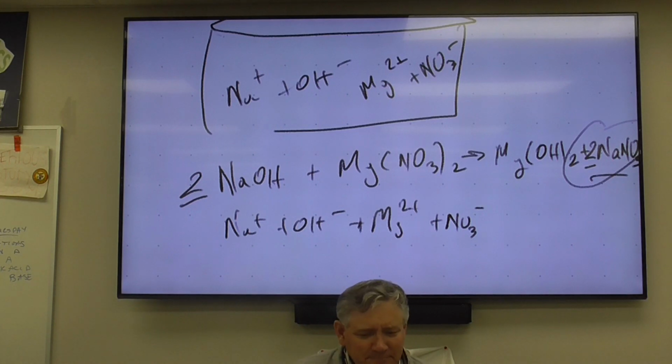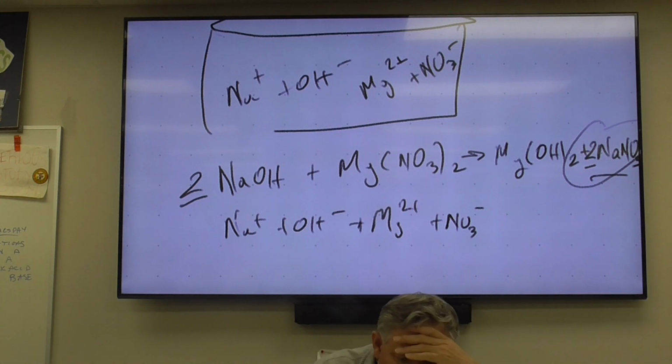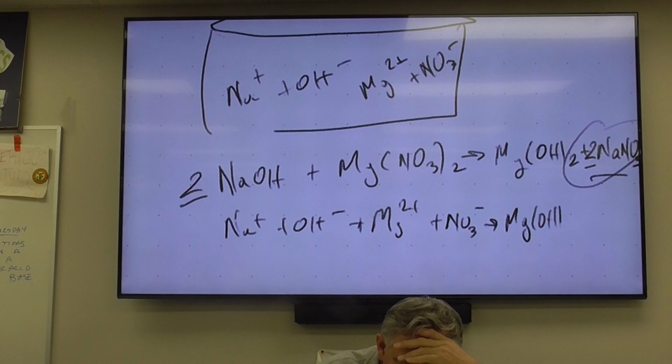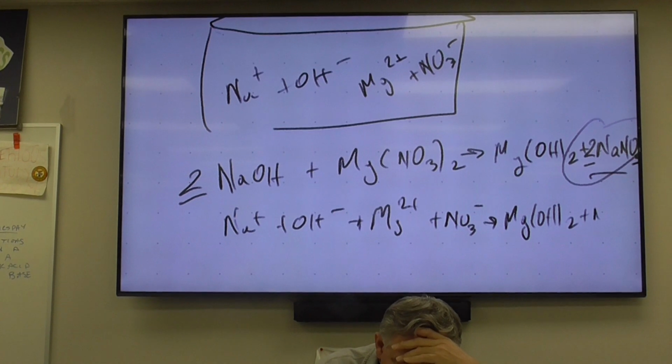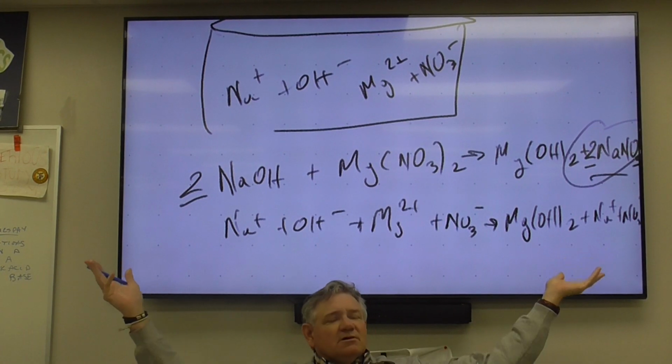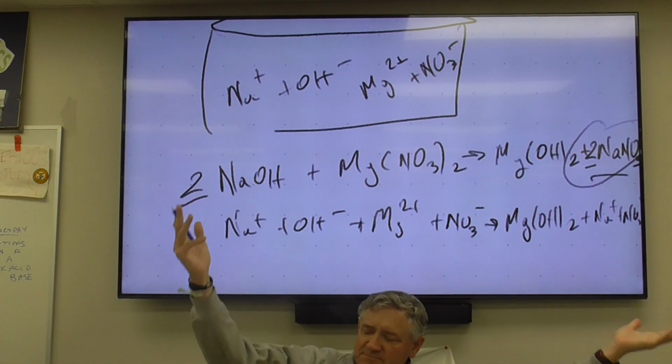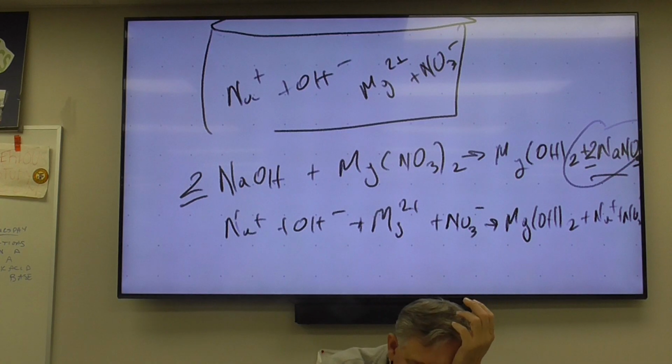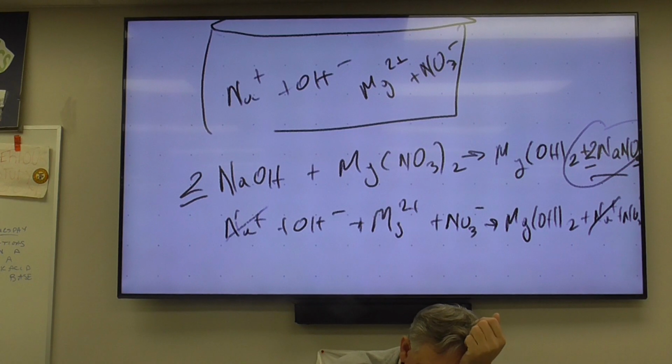So what this means is that one of these forms the precipitate, and the sodium ions and the nitrate ions are just floating around. These are your spectator ions. The sodium ion is still a sodium ion over here.